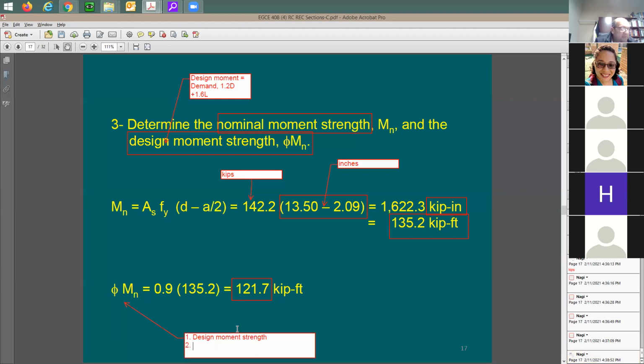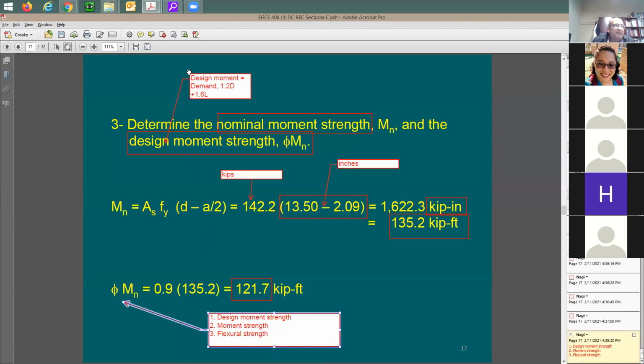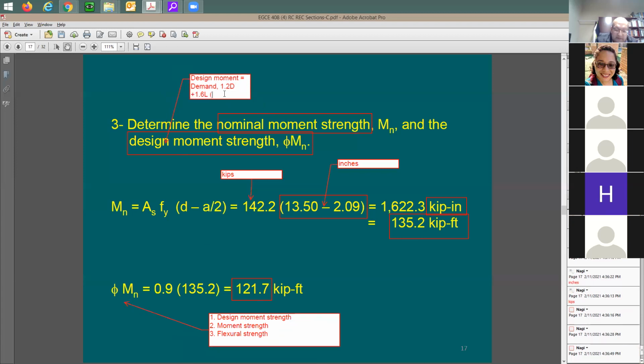It can also be design strength, or moment strength. I also can call it flexural strength. If you just say design moment, it means the demand, M sub U, which is in here.